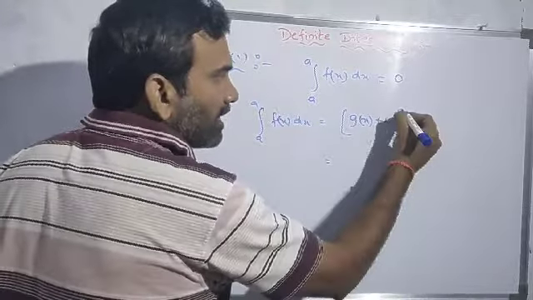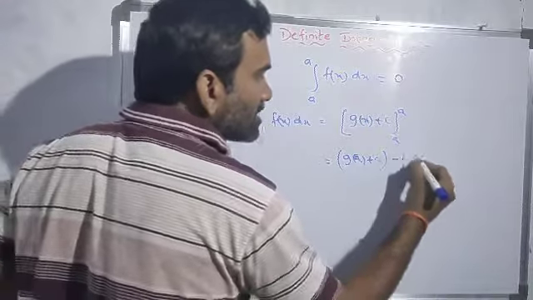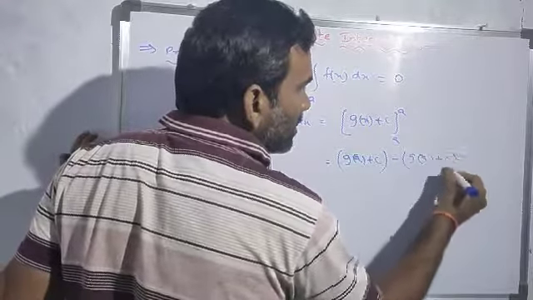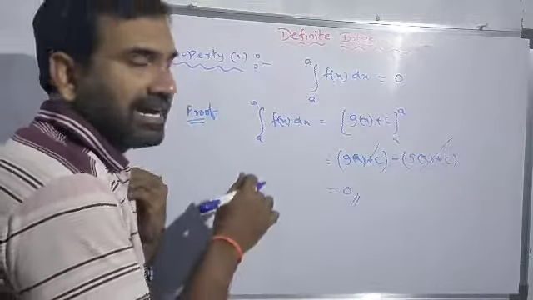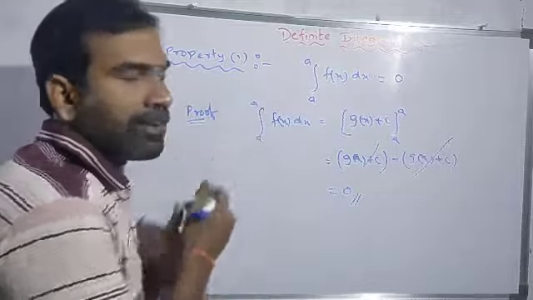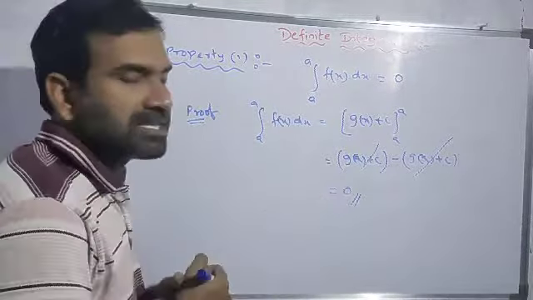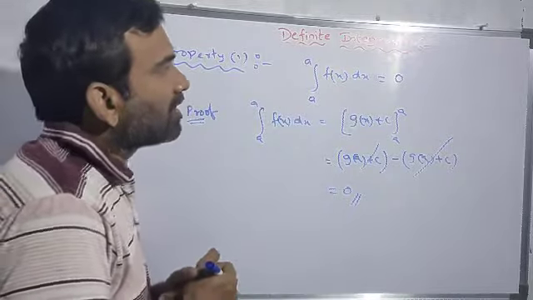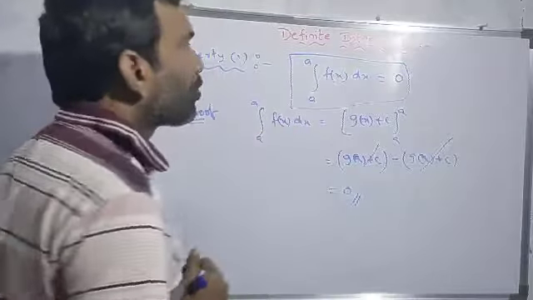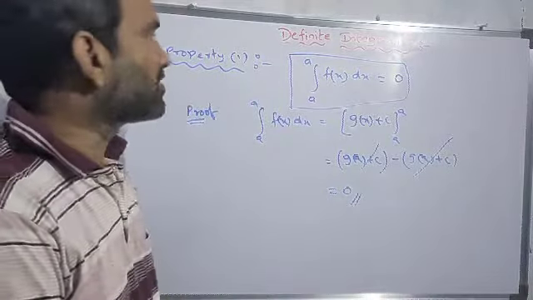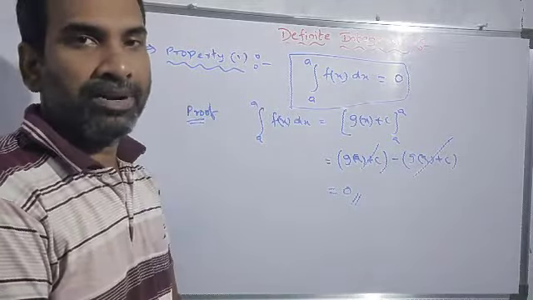So from a to a, g of a plus c, the upper limit value, minus g of a plus c, both get cancelled, so I am getting 0 as the answer. That means in definite integration, if the upper limit and lower limit values are the same, our result will compulsorily become 0. This is the first basic property in definite integration.